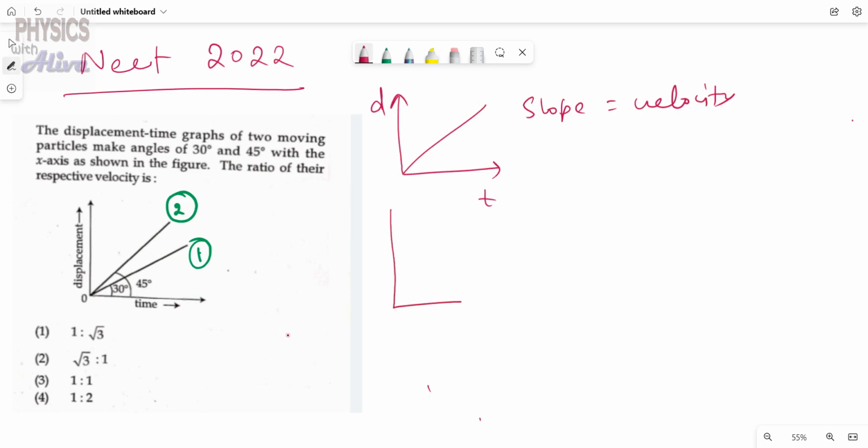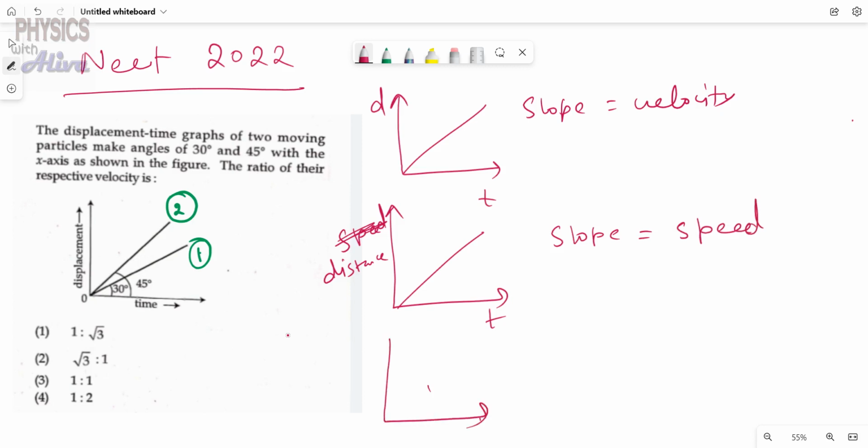If the graph is given between distance and time, then we will get the slope, and that will be the speed. If the graph is given between velocity and time, then from the slope we will get acceleration.